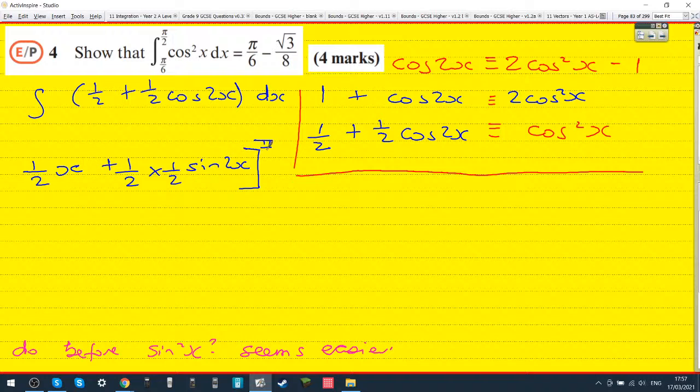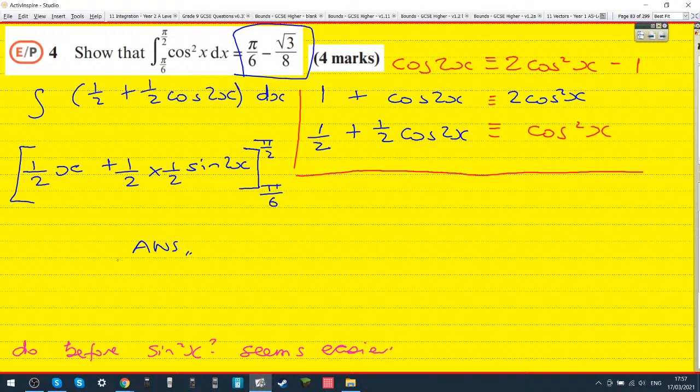And then sub in the pi over 2 minus the sub in of pi over 6. And then you get your answer. And if it's correct, it should be that. Any questions there?